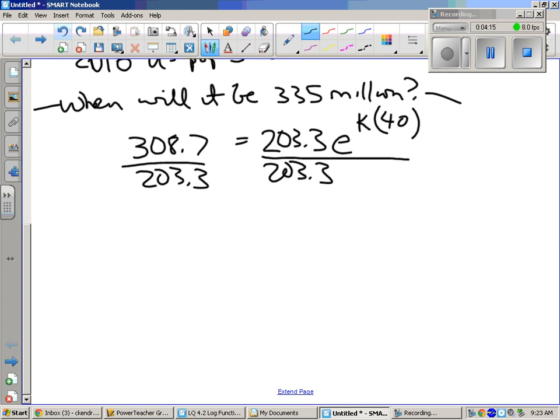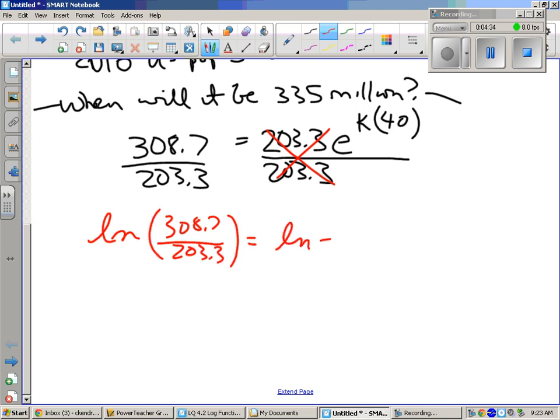All right, when I do that, I'm not going to work it out quite yet. I'm just going to keep writing it. But the next step here, so this is gone, is to take the natural log of both sides. So I'm going to take the natural log of 308.7 over 203.3 equals the natural log of e^(k·40).